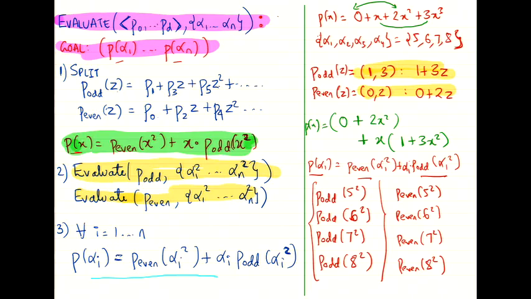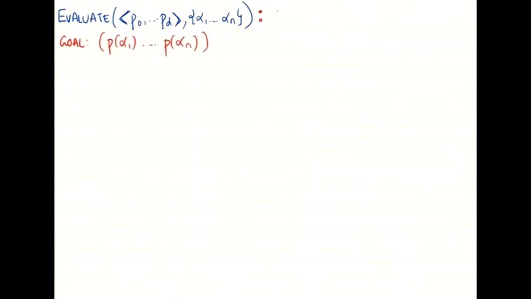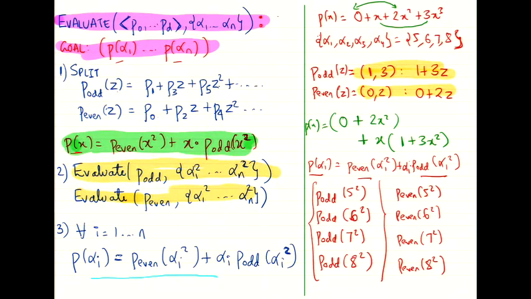Yes? So out of curiosity, with this recursive method, would it stop when the given polynomial is of degree 1? Yes. So the base case would be you have a polynomial of degree 1, let's say, and you want to evaluate it at n points. Let me add a page.